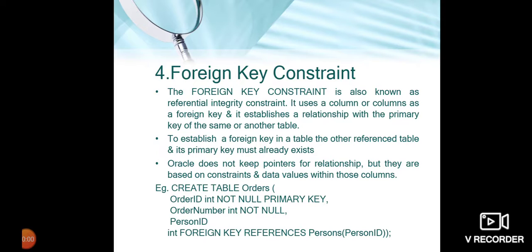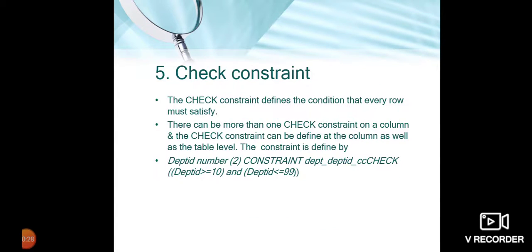Here you're going to create one more table called orders. In that orders table, you're going to refer to that particular primary key. You have one column by the name person ID in the table orders, which is referring to the person ID, which is a primary key in the parent table, person. So by using the common column called person ID in both tables, you can link these two tables. This is the foreign key constraint.